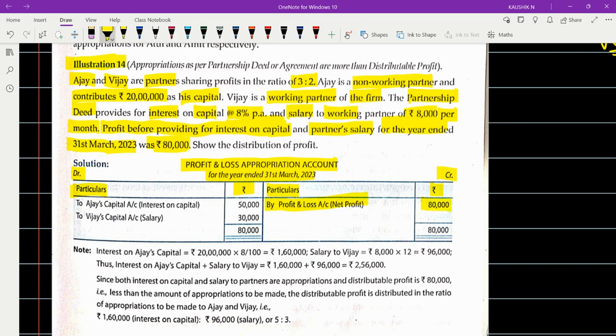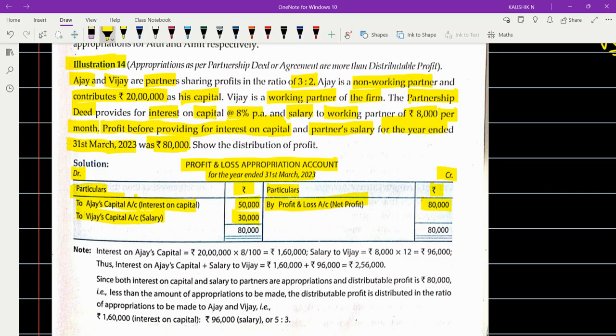Now this amount of 80,000 is going to get distributed. So it will be distributed to Ajay's capital account, within a bracket interest on capital, and to Vijay's capital account, marked as salary. So the amounts will be 50,000 and 30,000, and not the ones we calculated as rupees 1 lakh 60 and 96.